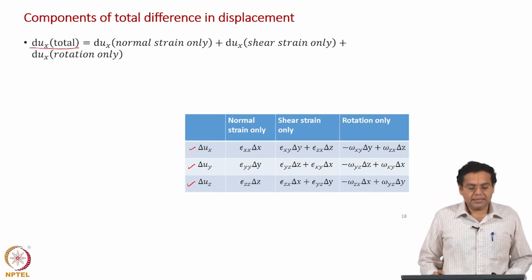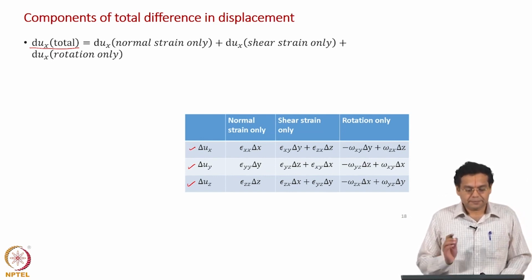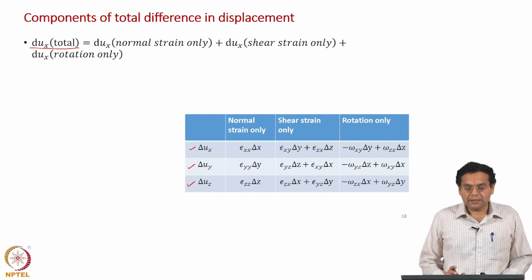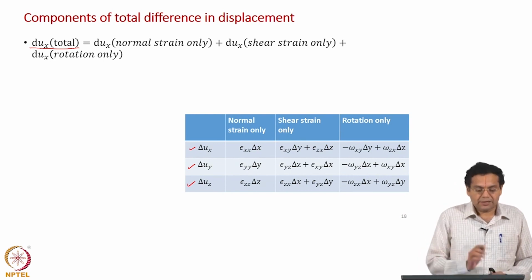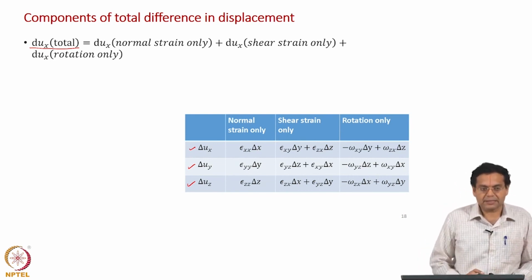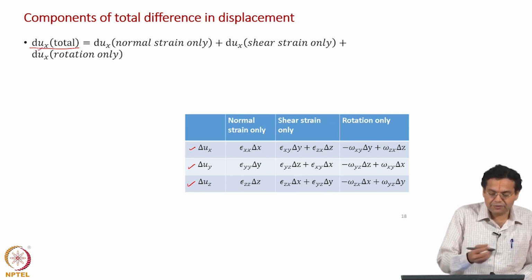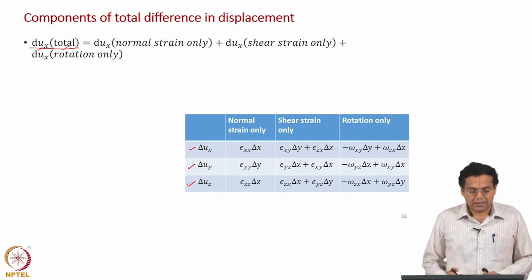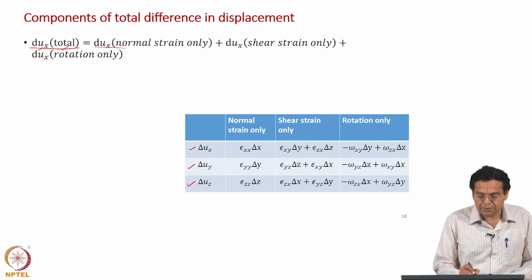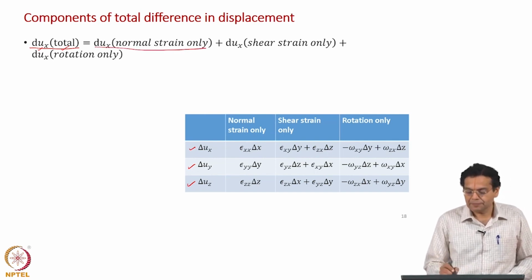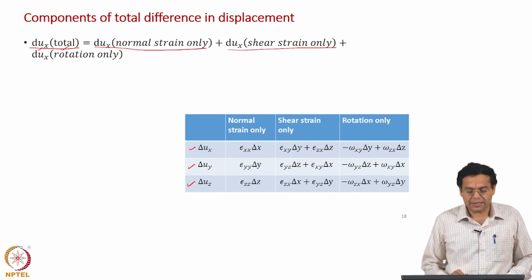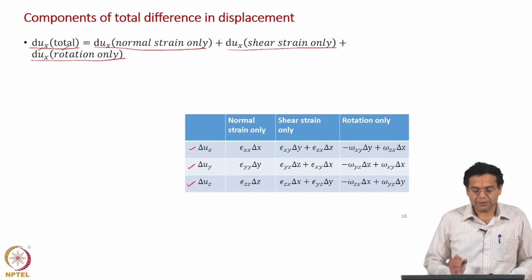The left hand side is difference in displacement, and then the bracket says total difference in displacement along x direction. So left hand says difference in displacement or differential in displacement, and there is a total difference in displacement. Right hand side we have difference in displacement due to normal strain only, difference in displacement due to shear strain only, and difference in displacement due to rotation.